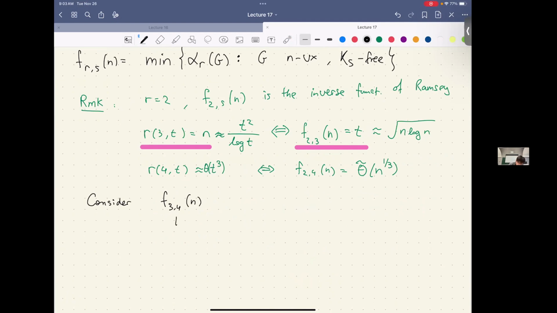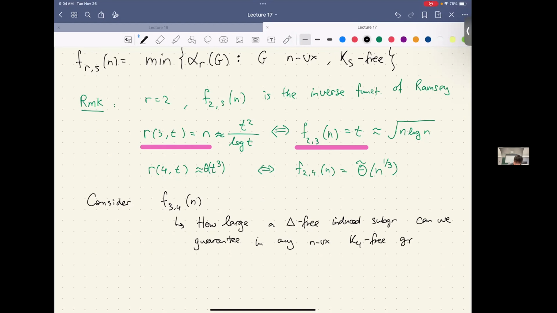Basically, it's asking, let's write it down by the definition, how large a triangle-free induced subgraph can we guarantee in any n vertex K4 free graph. This is what this function is measuring.